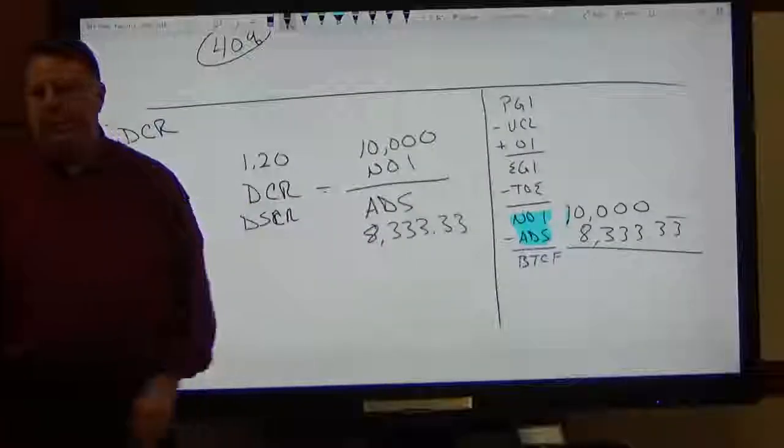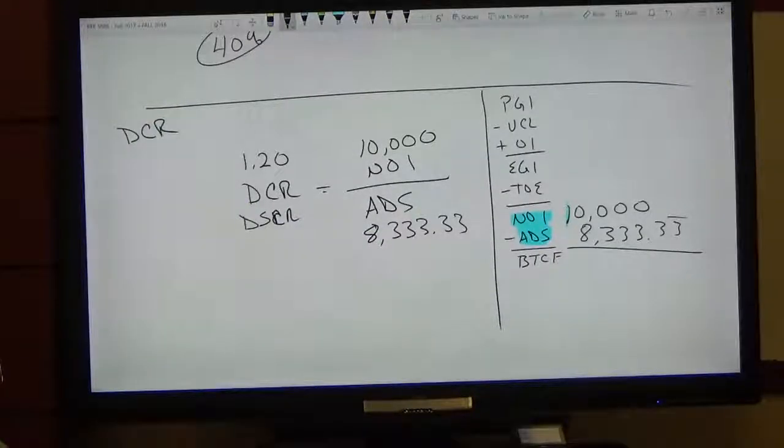Okay? Now, what's left over is just simply your before tax cash flow. We'll just go ahead and pop that in just for fun. So $1,666 and let's say 67 cents.